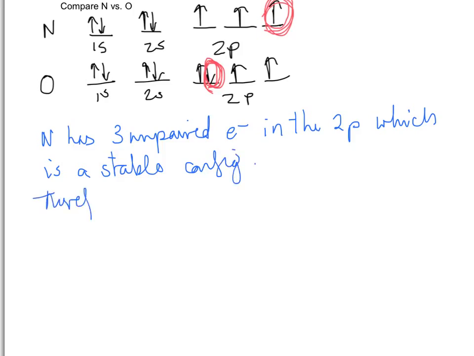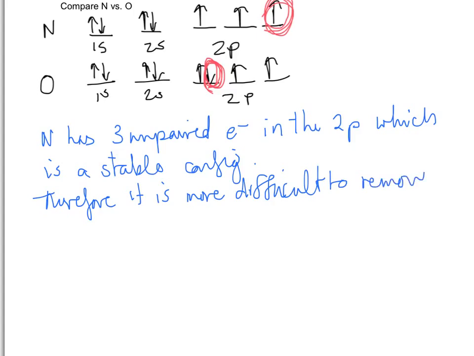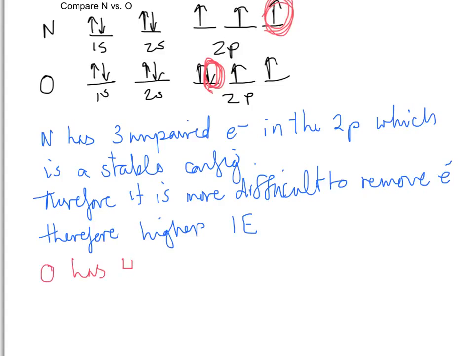Therefore, it is more difficult to remove an electron, therefore higher ionization energy. At the same time, I would say oxygen has 4 electrons in the 2p.